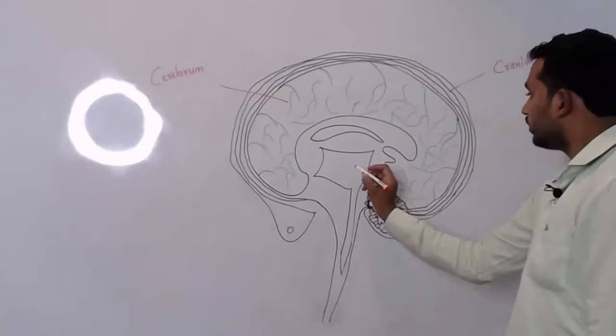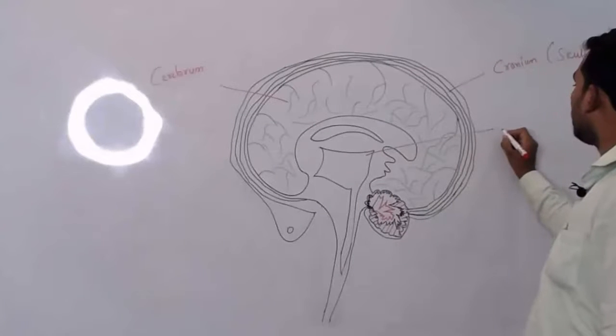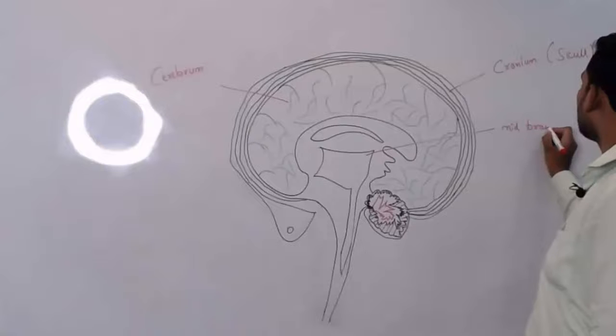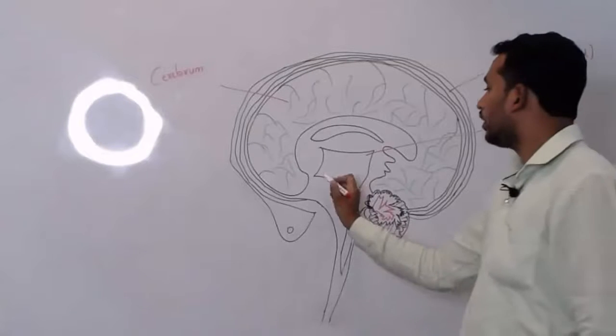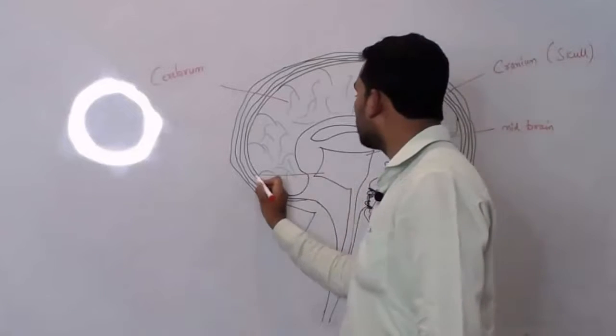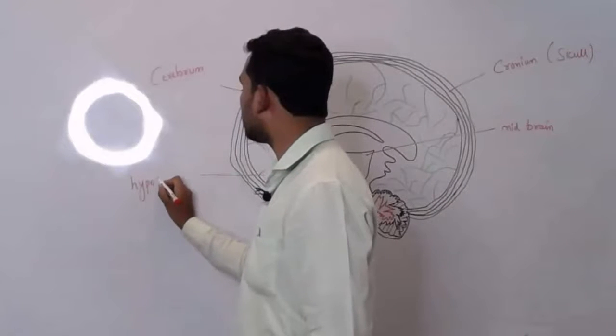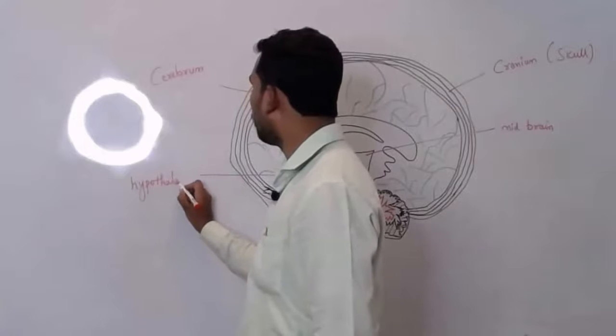Now, this part is called as midbrain. This is midbrain. And can you see this part is known as hypothalamus. Hypothalamus.